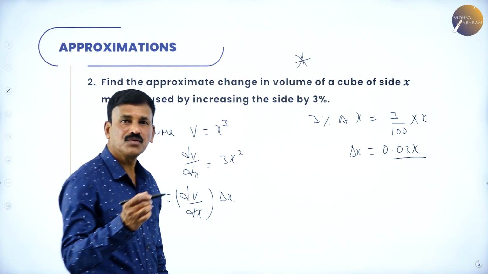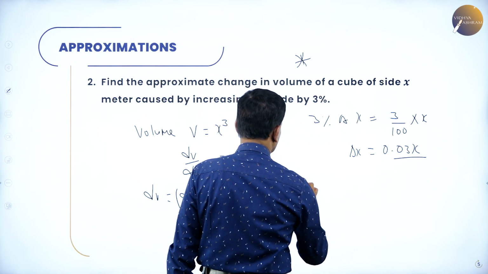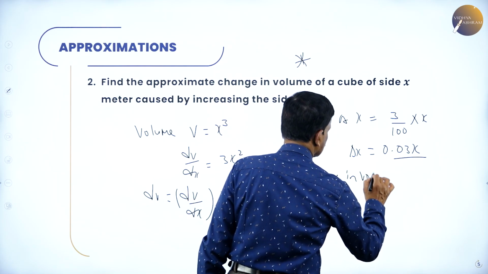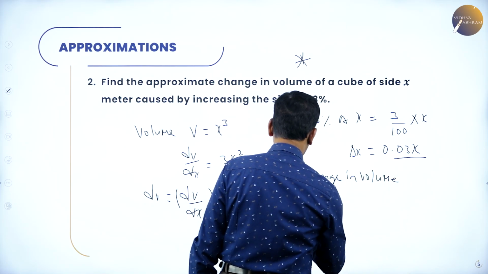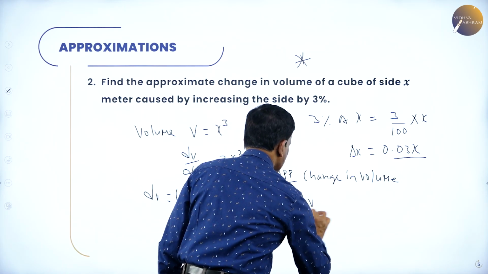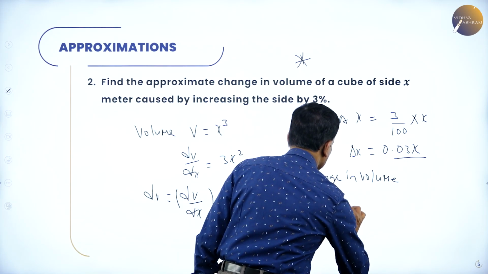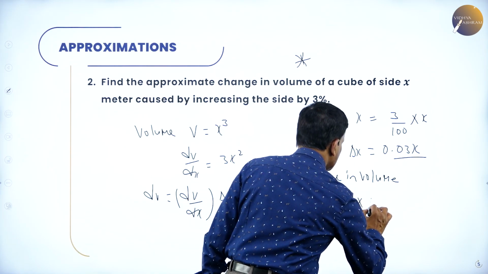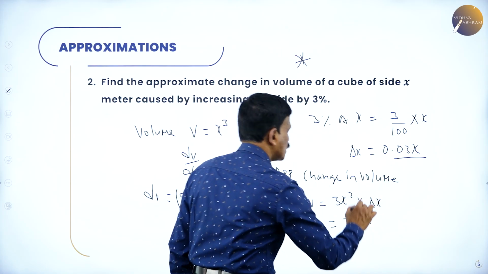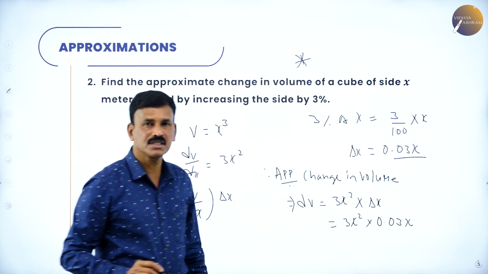That's it. So therefore the approximate change in volume is equal to dV, that is dV by dx, which is 3x square into delta x. So 3x square into what is delta x? Delta x is 0.03 times x. Simplify this, that's it.